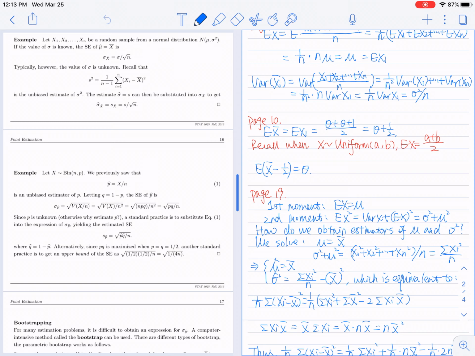Finally it gives us the square root of pq divided by n. So that is the standard error of the estimator p hat. However, p and q are unknown parameters. A good estimator of p will be p hat, which is x over n. So we can calculate the estimated standard error as the square root of p hat times q hat divided by n.